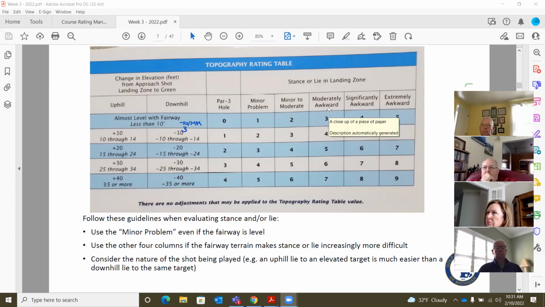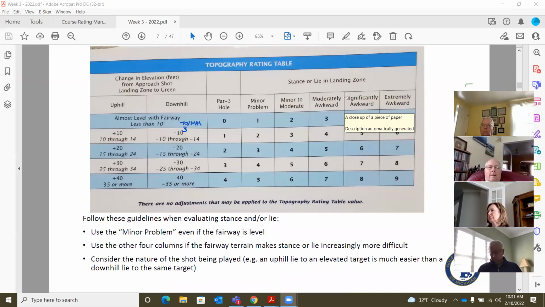And the other thing we have to keep in mind too is that we're rating golf courses here in Michigan, and we're trying to be consistent across the state. But the same concept is being applied across the world. So what might be moderately awkward for the golf course that you're at might not necessarily be moderately awkward in the grand scheme of things if you look at all the different types.